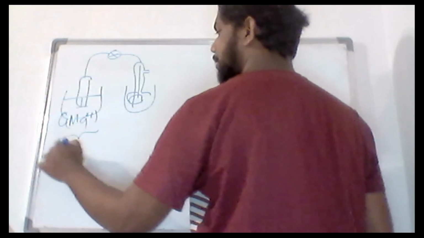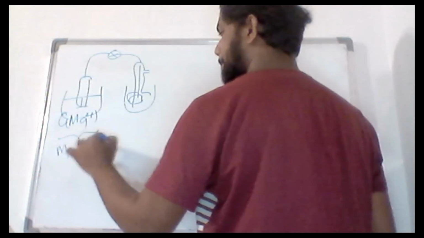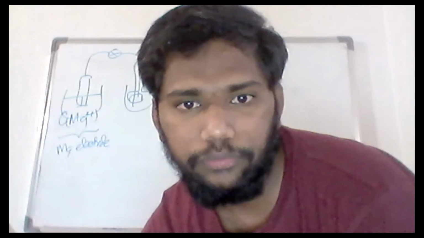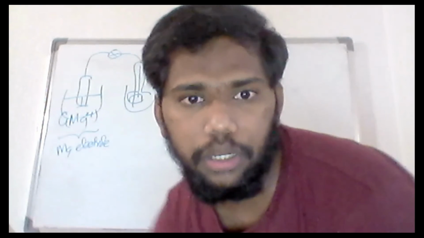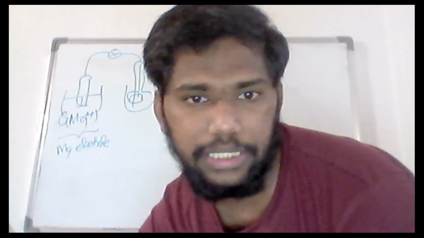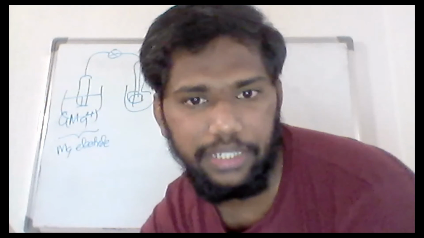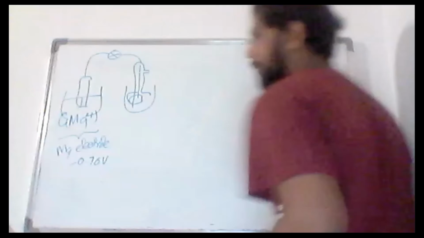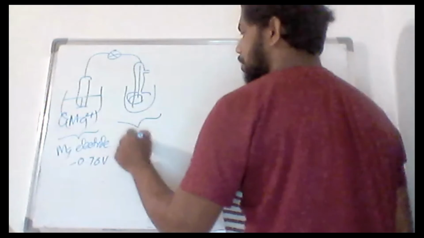This is the magnesium electrode, and its potential was given. Where was it? Potential is not given, but its reaction is given. This is oxidation. So we will say this is around minus 0.7 volt for an example. And platinum with hydrogen is 0 volt.